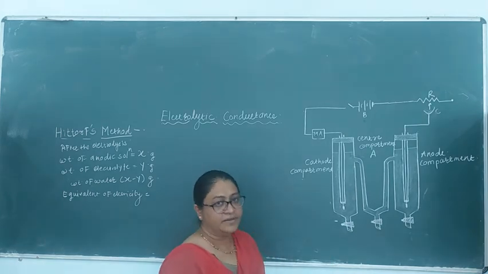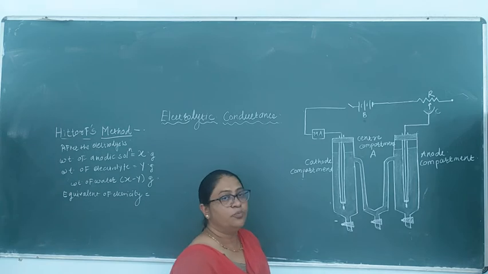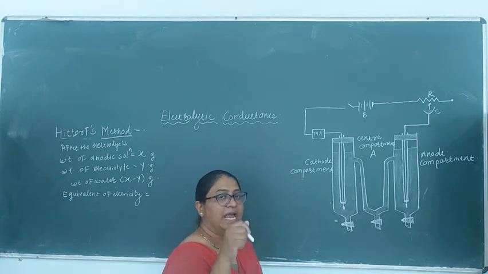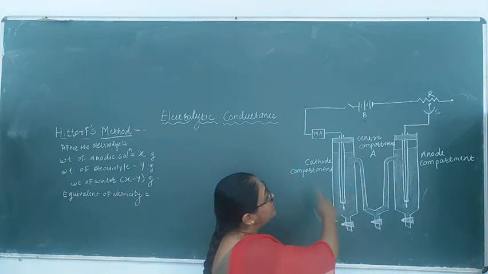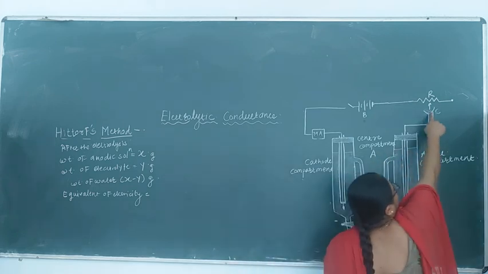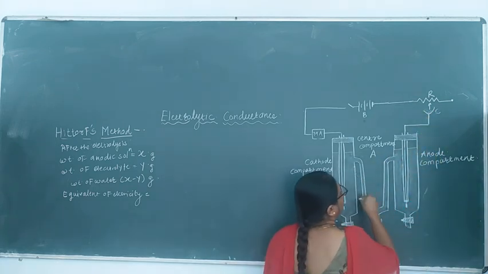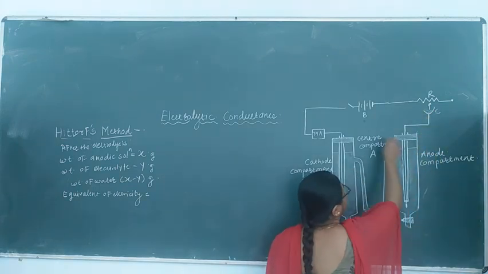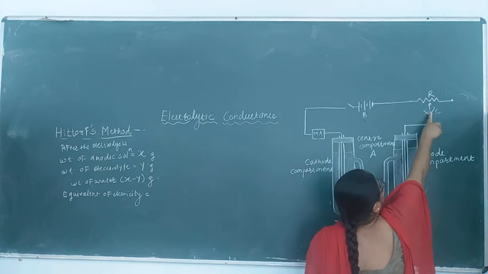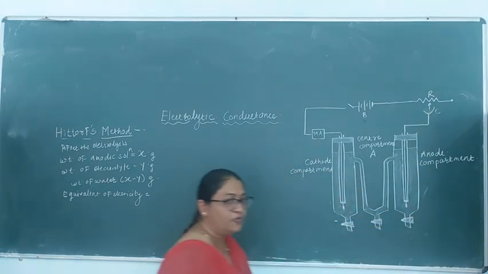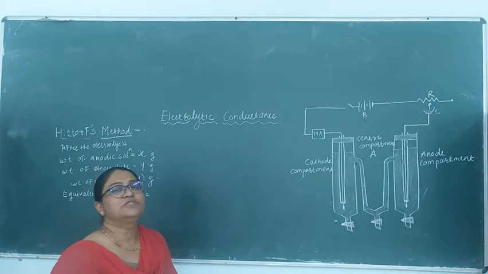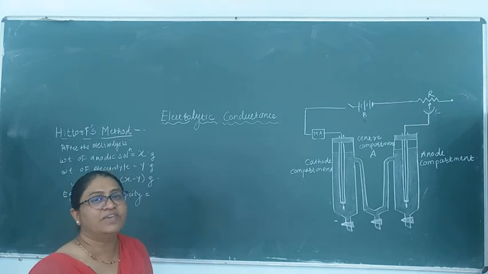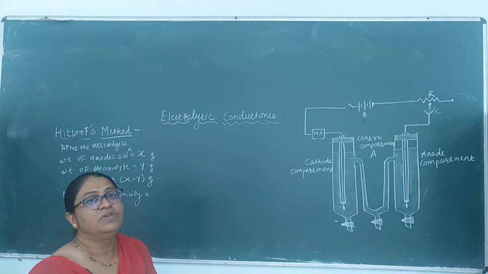In that we pour the silver nitrate solution and a pure silver rod, and during the electrolysis process, electrolysis takes place here also. The amount of electricity passed through this circuit is the same amount passed through this coulometer. Therefore, after the electrolysis, when we calculate the increase in weight of the platinum dish, we get the amount of silver deposited.